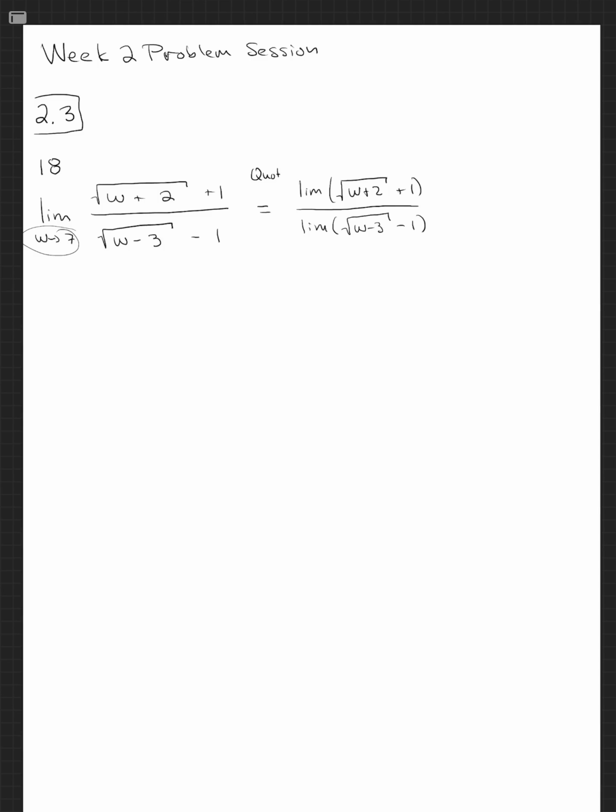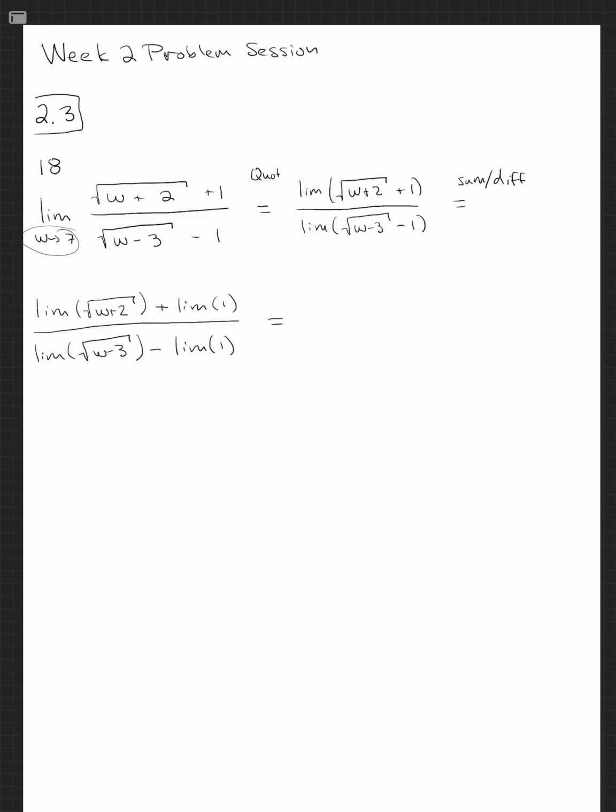All right, and now on each of those limits, I can use the sum or difference rule, right, to say this is the limit of the square root of w plus 2 plus the limit of 1. So that's using the sum rule, and using the difference rule, we get the limit of the square root of w minus 3 minus the limit of 1.